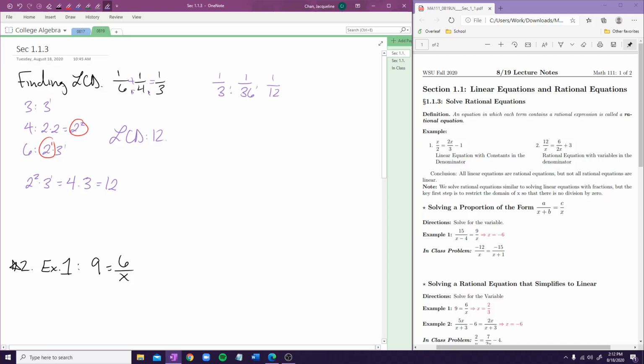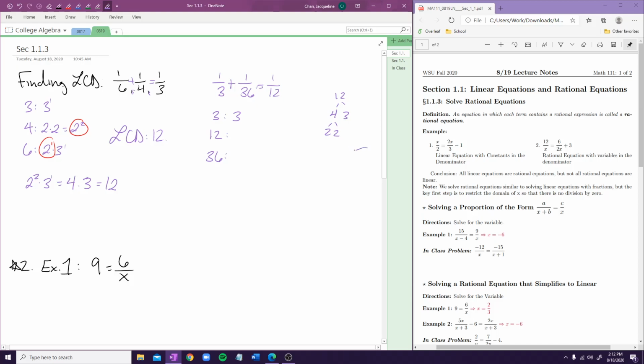So what if I just do it like this, and I want to solve it, and I want to find the LCD first? I'm going to list them off. Usually when I list them, I like to go least to greatest, but it doesn't matter what order you do. So 3 is a prime number, so this is just 3. For 12, if you want to do this over here to the side, 12 can be rewritten as 4 times 3, and 4 can be rewritten as 2 times 2.